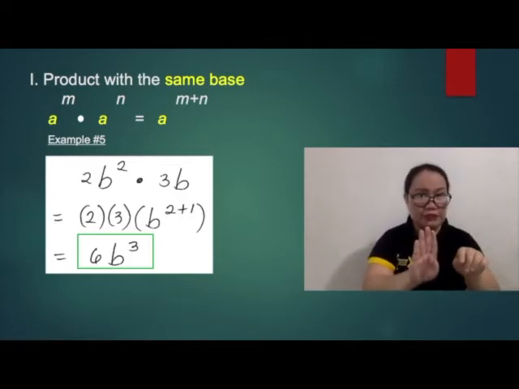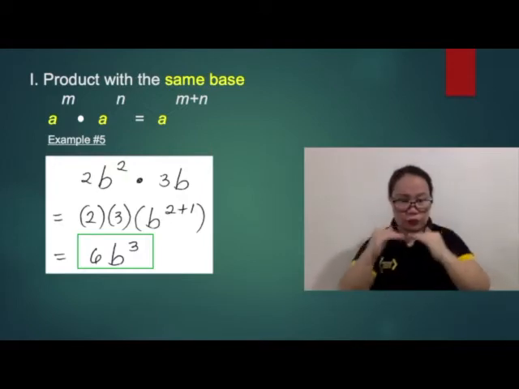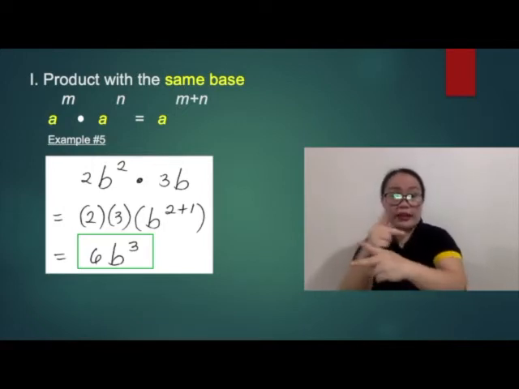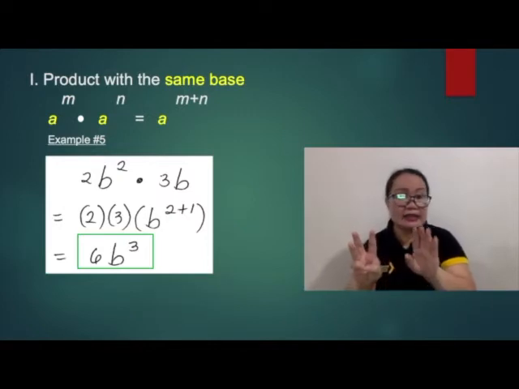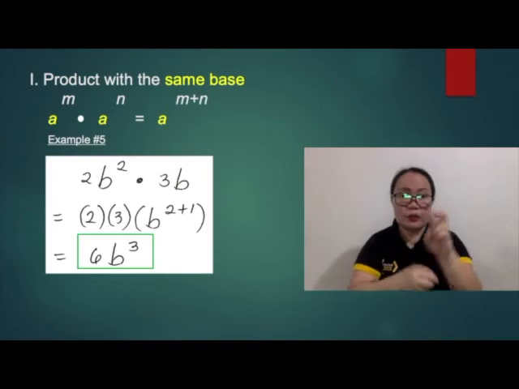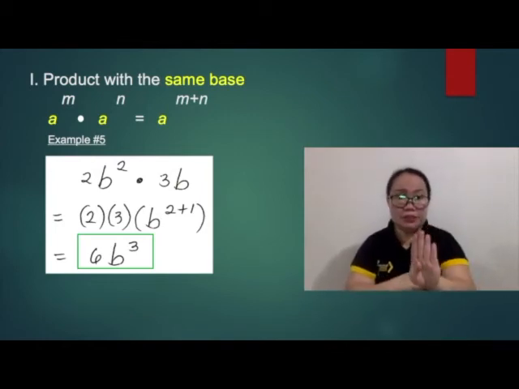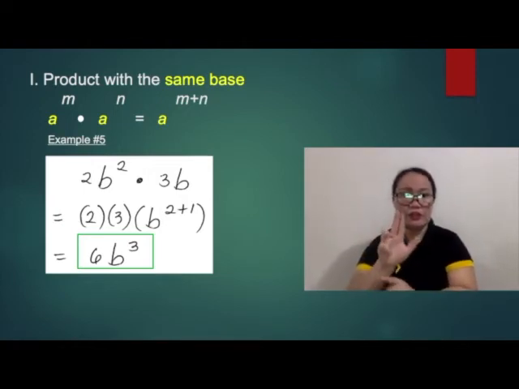So b raised to the power of 2 plus 1. So let's solve this one. Simplify. 2 times 3 is equal to 6. And then for b, just add the exponents, which are 2 and 1. So b cubed. So the answer is 6b cubed.